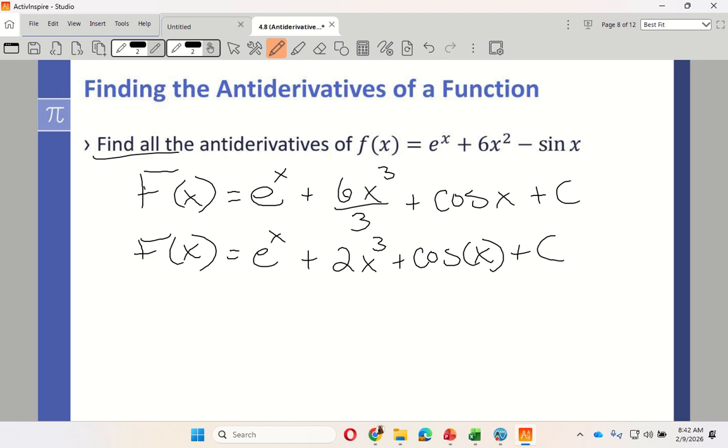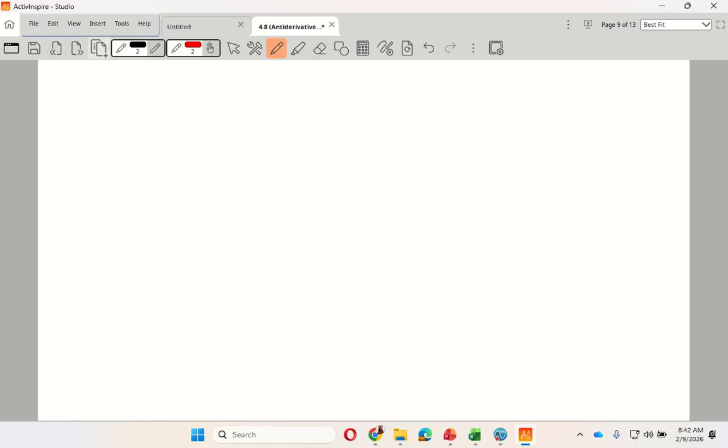And just for the fun of it, I told you there was a typo in the book, so if you're going back and looking in the book for this, if my function f, actually let me do it on another page. Function f is e to the x plus 6 over x squared minus sine of x.